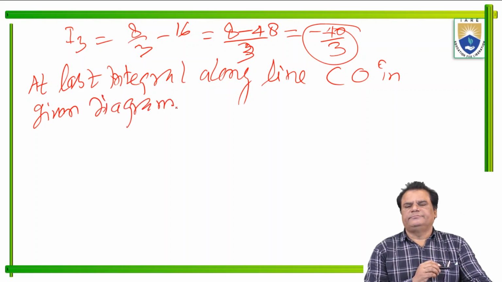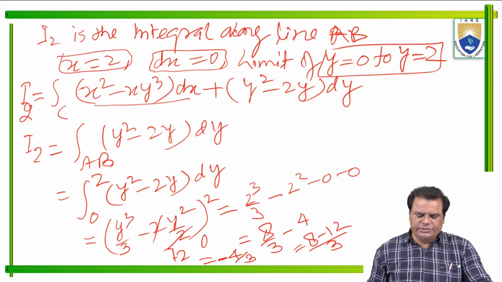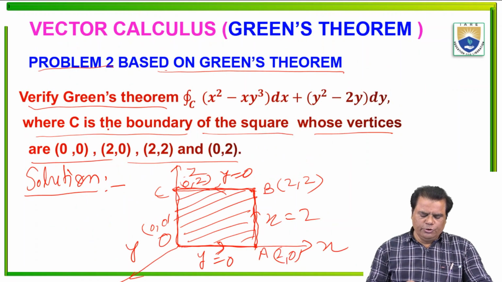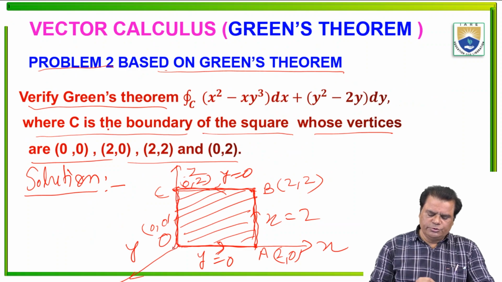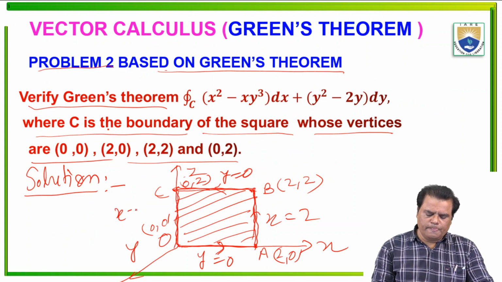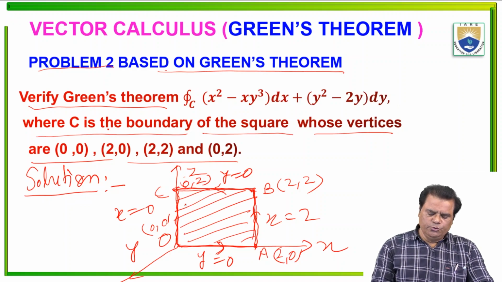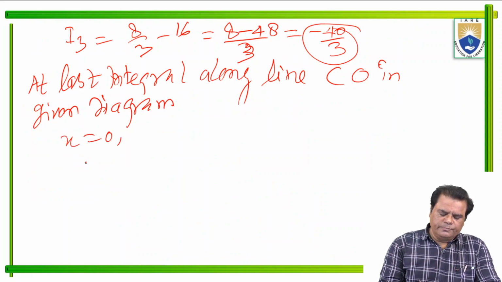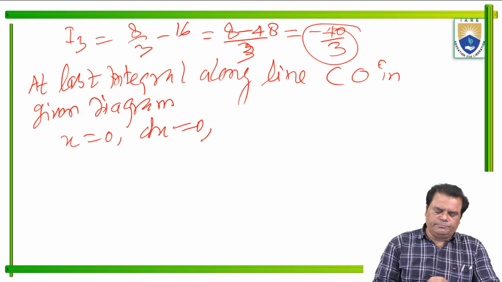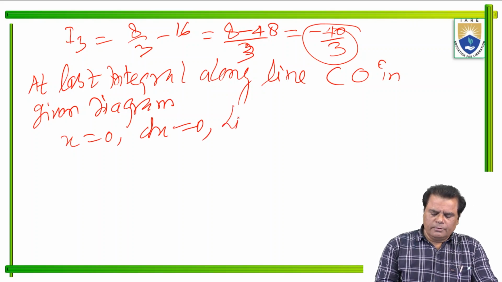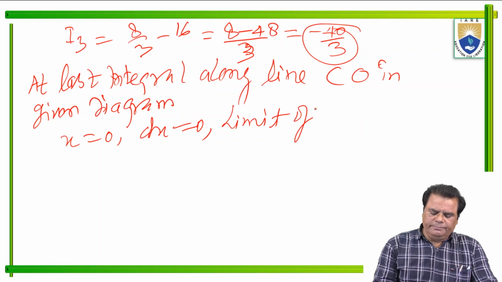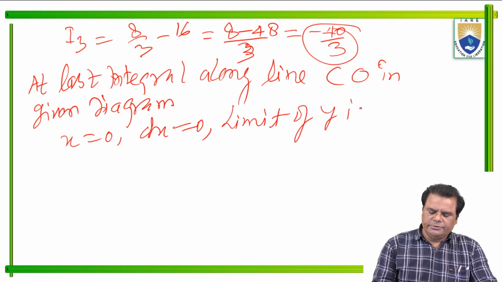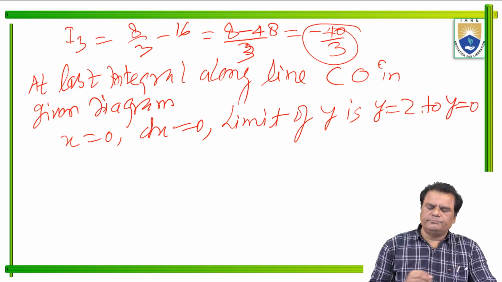In CO, we see that CO is x equal to 0, and y varies from 2 to 0. So x equals 0 and dx is 0. Limit of y is y equal to 2 to y equal to 0.